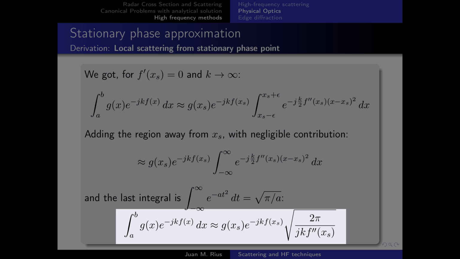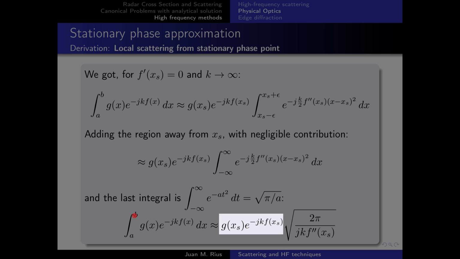the stationary phase approximation. It's very important because it shows that in order to compute the physical optics integral in the high frequency region, we don't have to sum the integrand over all the integration points. We only have to account for the value of the integrand at the stationary phase point.